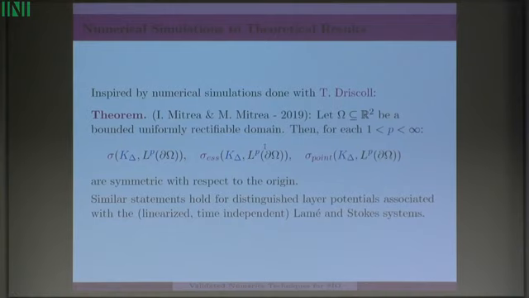If the domain is in 2 dimensions and can be very general, say a bounded uniformly rectifiable domain, think about a truncated version of the upper graph of the nowhere differentiable Weierstrass function, then the essential spectrum and the point spectrum of the double layer potential associated with the Laplacian is symmetric with respect to the origin, which has been inspired by the numerical simulations that we've seen.